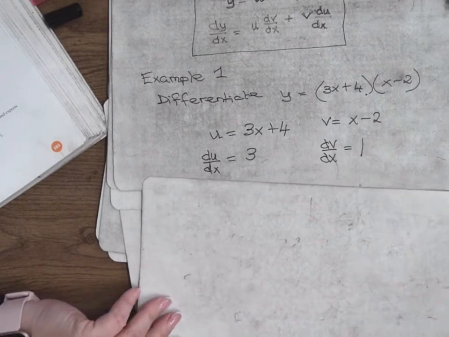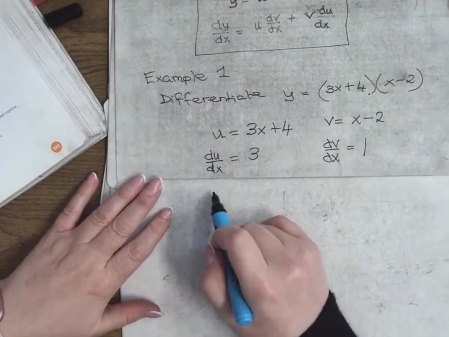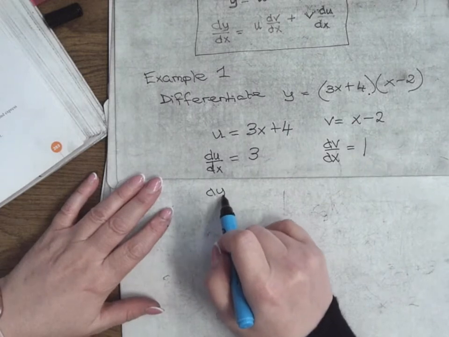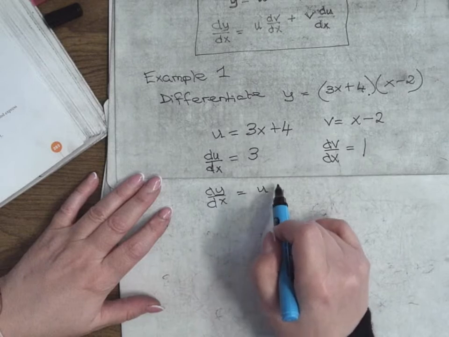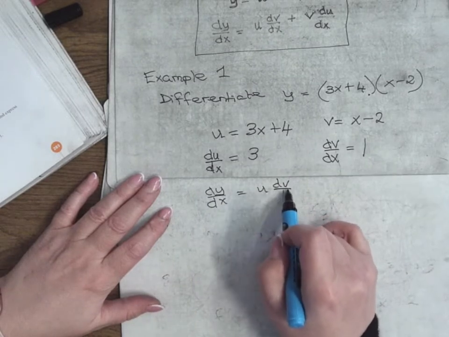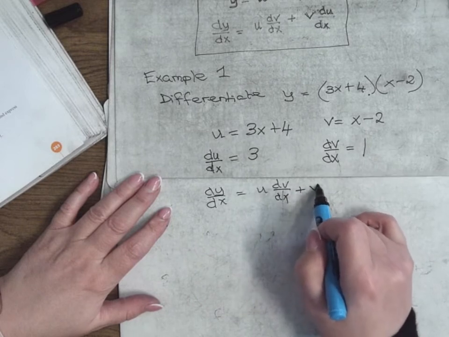So then you fill in your formula. I'll write out the formula again. So dy dx is equal to u times dv dx plus v times du dx.